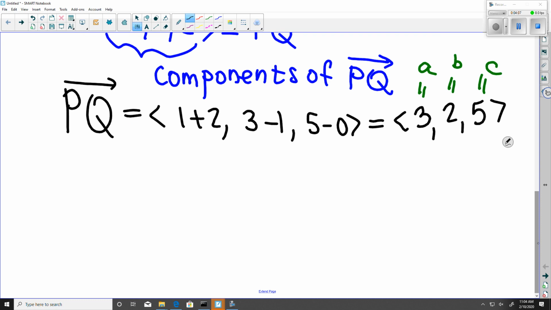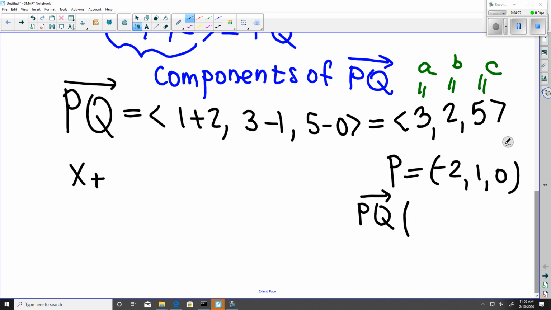So you guys have the equation in front of you. X minus, what is x1? It's coordinate of P. Let me just write this down on the side. P has coordinates minus 2, 1, 0, and vector PQ has components of 3, 2, 5.